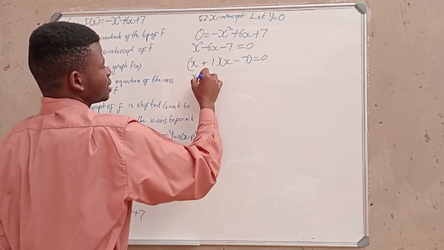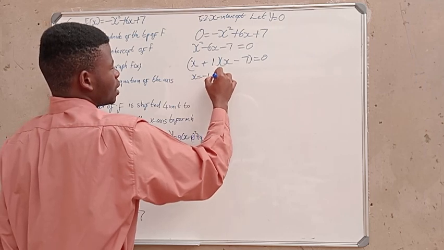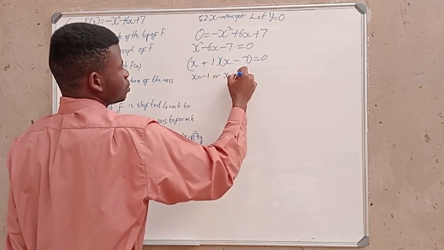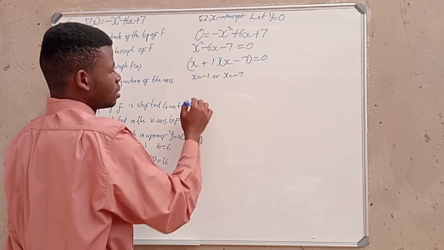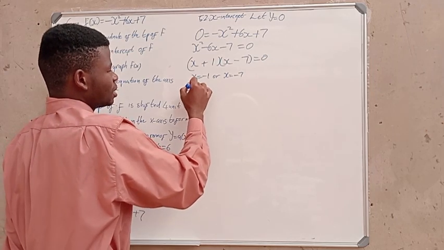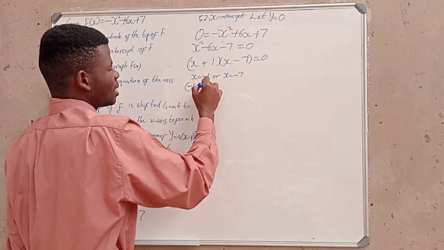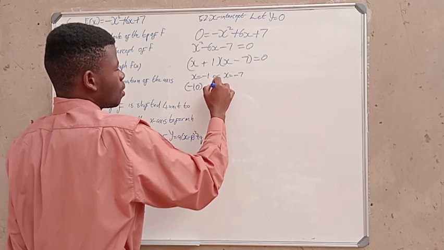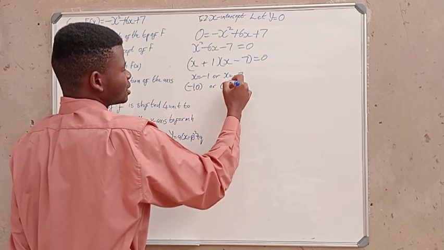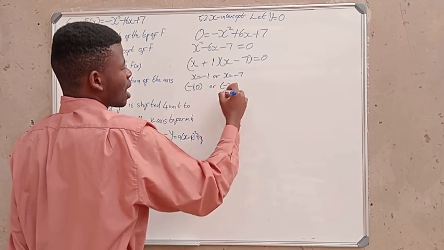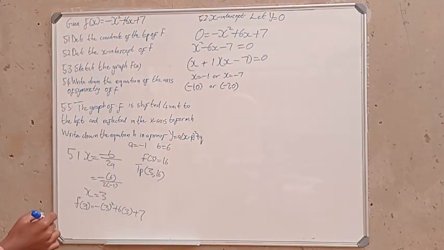Then our x is -1, or x is equal to 7. So our x-intercept: our x is -1 and our y is 0. And when our x is 7, our y is 0.